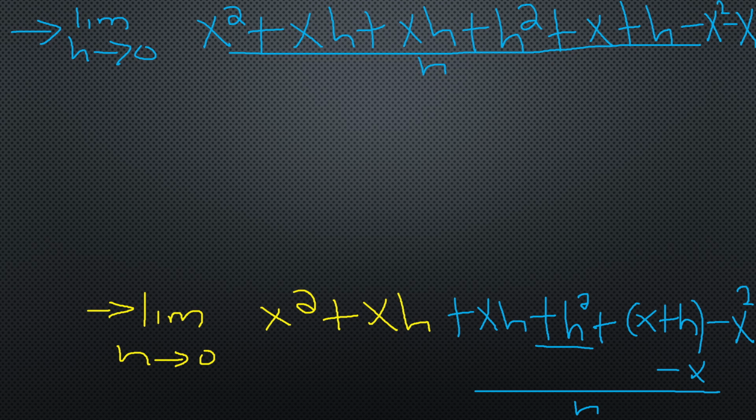This means that we have our entire expression here, and we can see that the minus x squared and the positive x squared will cancel each other.